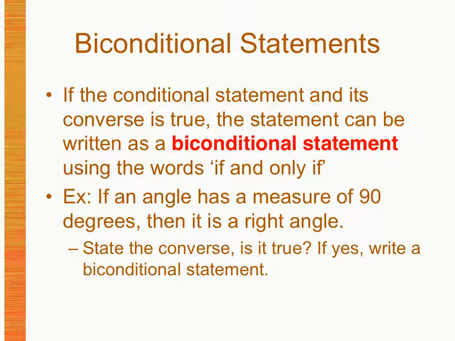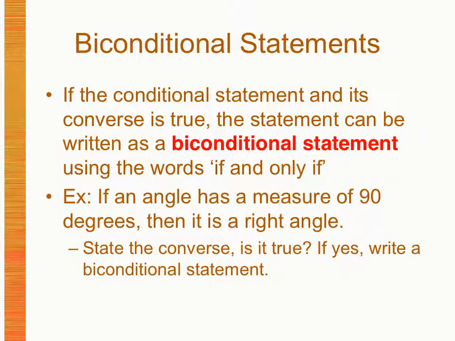So in order to create a biconditional statement, both the original statement and the converse both have to be true. So in the statement about Florida, that we couldn't do. Okay? In my football example, we could not write a biconditional.